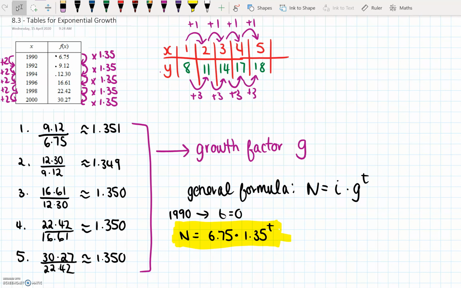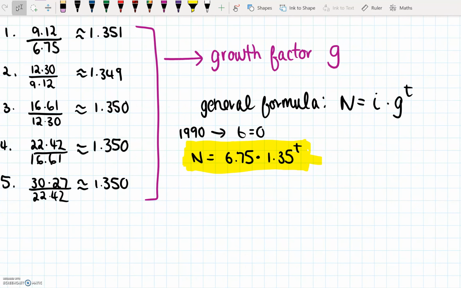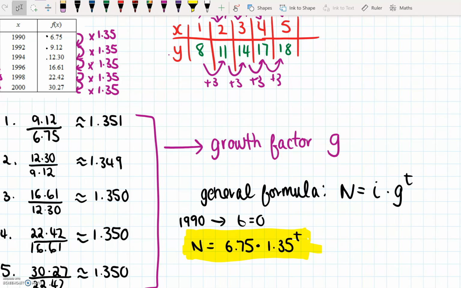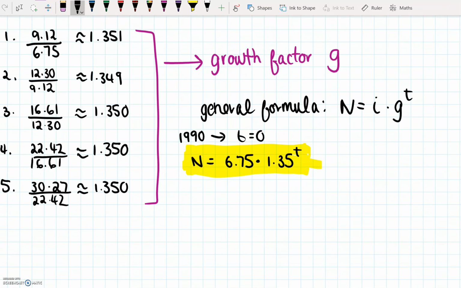Basically, what you're mostly going to have to do is show that you have exponential growth, come up with a formula, and then probably find some future values. So for this one, for example, if we wanted to know what our value would be in, let's say, 2010. 2010 is 20 years after 1990, so we're looking at t equals 20.